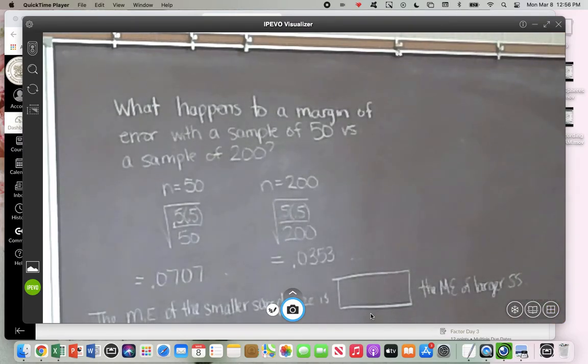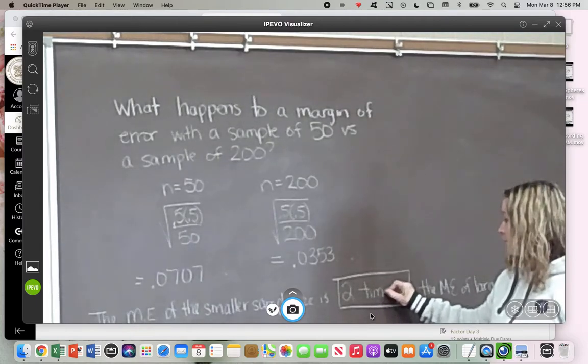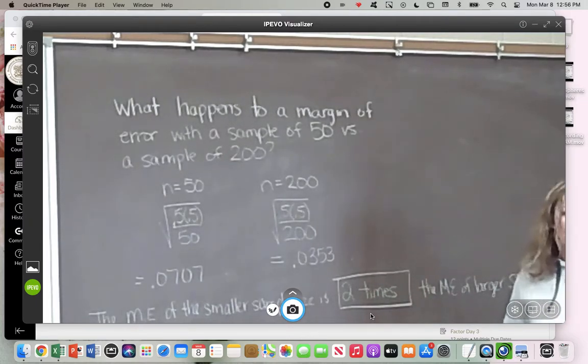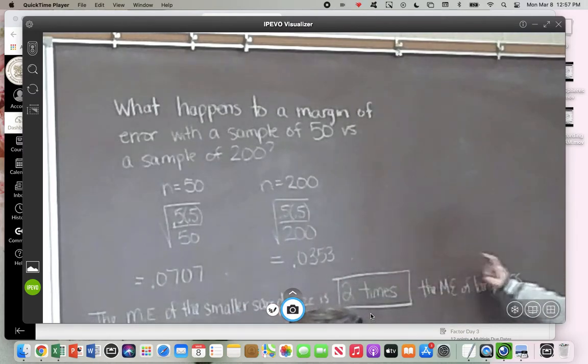How would you fill that in? So we said double. So would we say that's half or 2 times the smaller one? Yeah, it's 2 times the smaller one. And if you ever want to know the relationship there, it's asking you to compare the larger one to the smaller one.